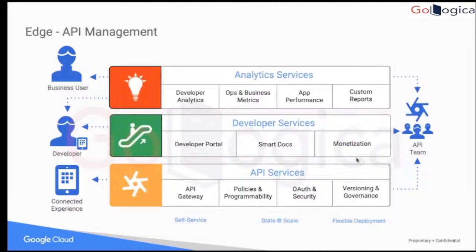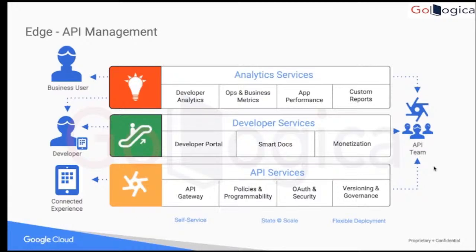So now, talking about Apigee Edge services. There are three main services which Apigee Edge provides. If we go from the bottom, the first one is API services. So the API team will build some APIs. When I say API, basically I'm talking about a microservice or some SOAP service, or another standard REST service.